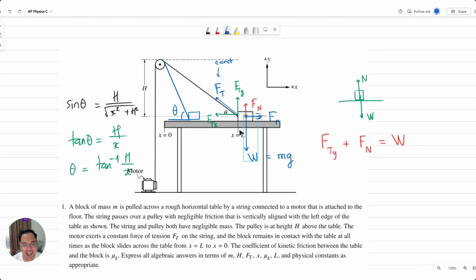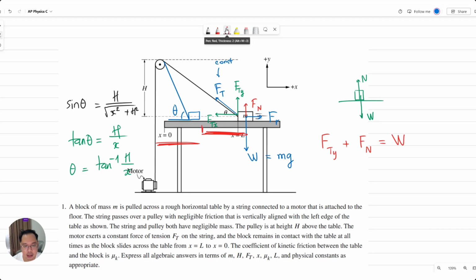Okay, when x moves from L to L over 2, L over 2 is like here, meaning the displacement is in this region, and compare the work done by the string in this region with the work done in the other half region on the left here. What do you think? In which region will the tension do greater work?